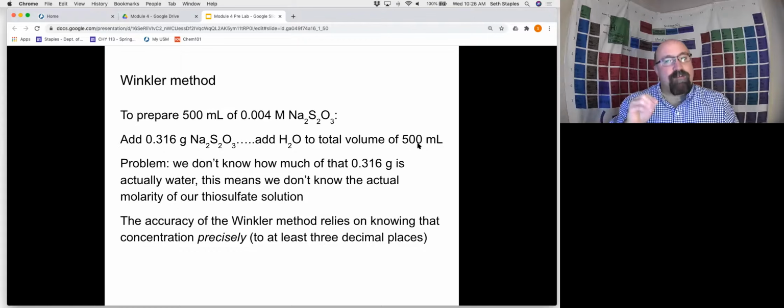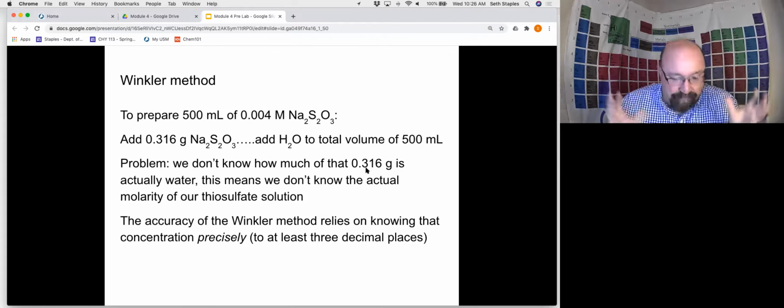The problem that we run into now, though, is that since sodium thiosulfate loves water so much, when we take the mass, when we get that 0.316 grams, we've got no clue how much of that might actually be water. Some of that 0.316 grams is absolutely water molecules that are just attaching themselves to our solid.